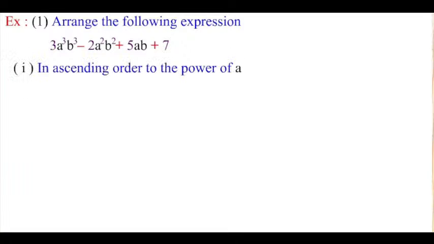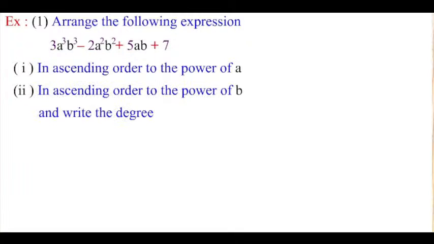Example 1. Arrange the following expression, 3a power 3 b power 3 minus 2a squared b squared plus 5ab plus 7, (i) in ascending order to the power of a, (ii) in ascending order to the power of b, and write the degree.